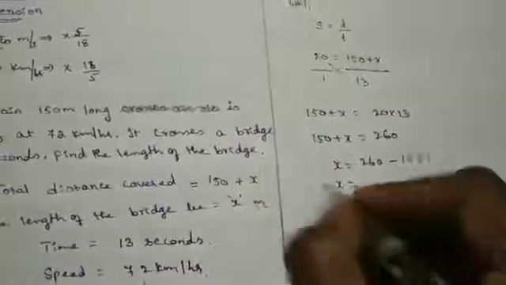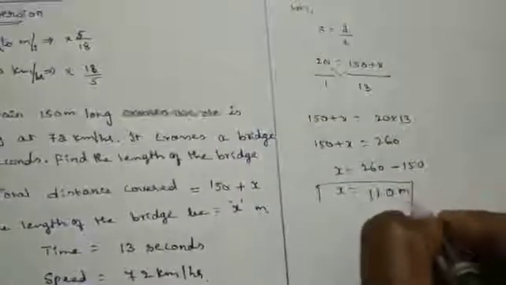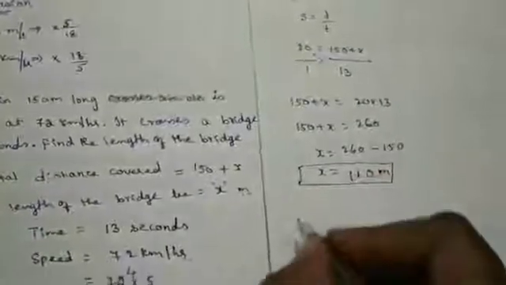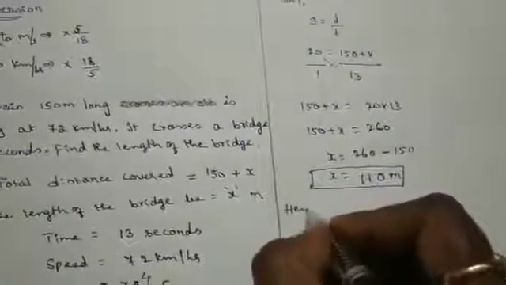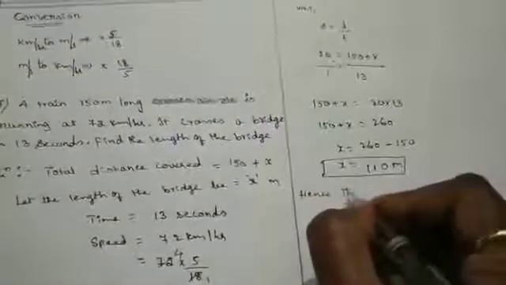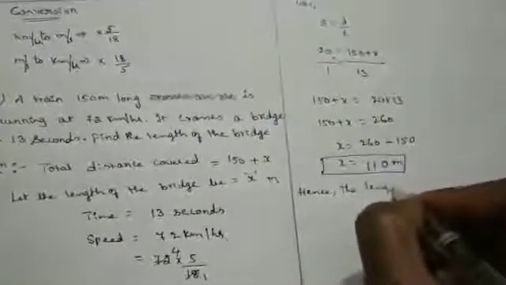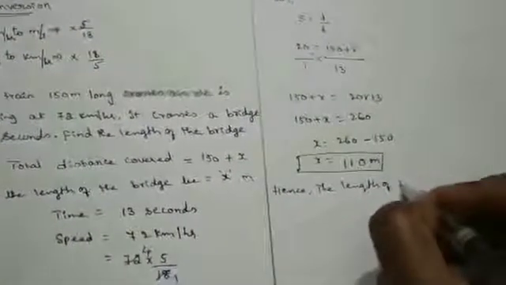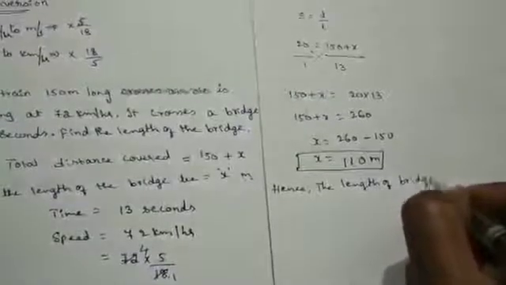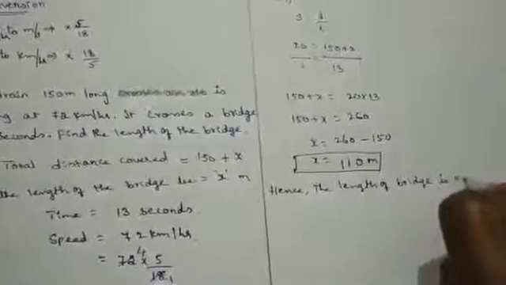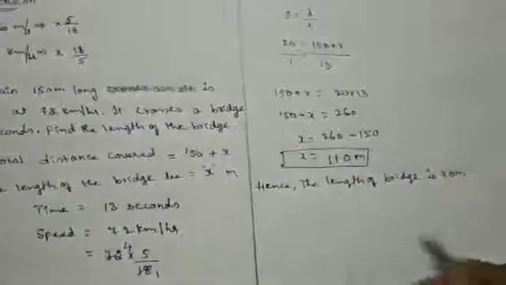Therefore, x equal to 110 meters. Give the conclusion. Hence, the length of the bridge is 110 meters. Like this you need to solve, children.